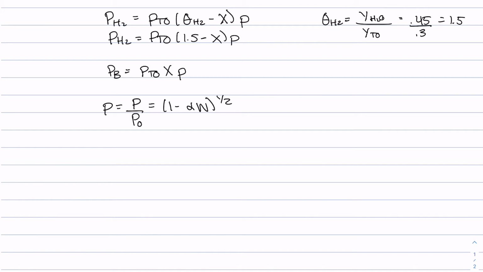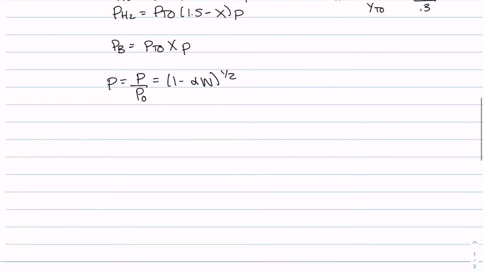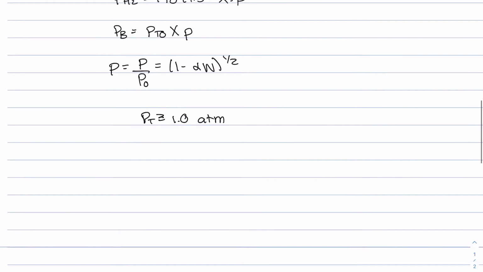Now we must calculate the maximum catalyst weight. To do this, we need to say that the exiting pressure must not be less than the atmospheric pressure. Therefore, P is going to be greater than or equal to 1 atmosphere. We also know from the prompt that P_0 is equal to 40 atmospheres.